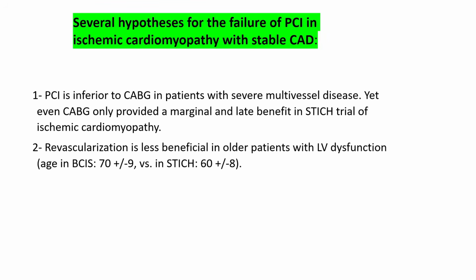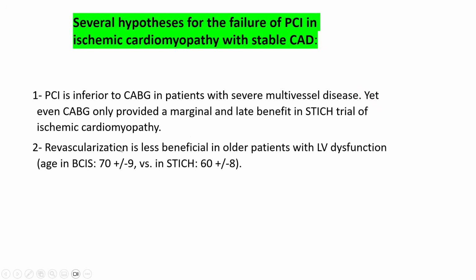So why did PCI fail in ischemic cardiomyopathy with a stable CAD in REVIVED trial? There are several hypotheses. Number one, PCI is inferior to CABG in patients with severe multivessel disease, yet even CABG only provided a marginal and late benefit in STICH trial of ischemic cardiomyopathy. So that first hypothesis does not explain it fully.